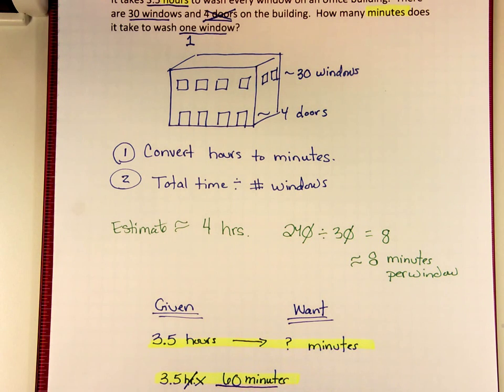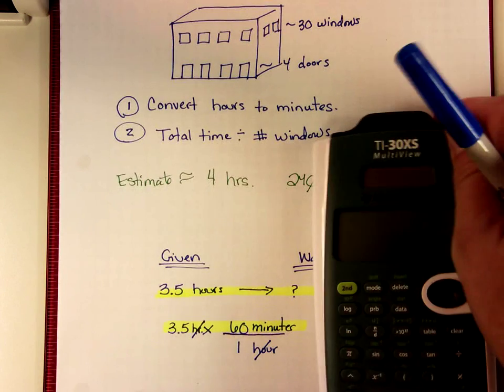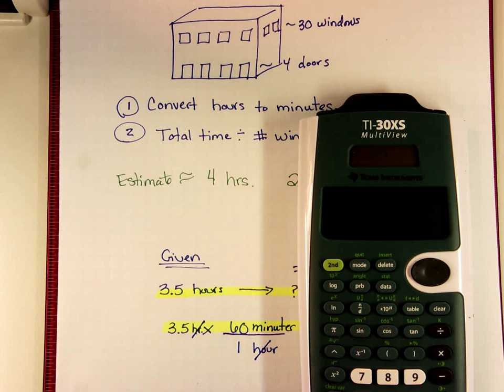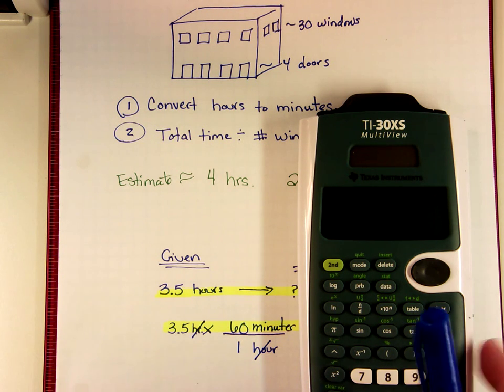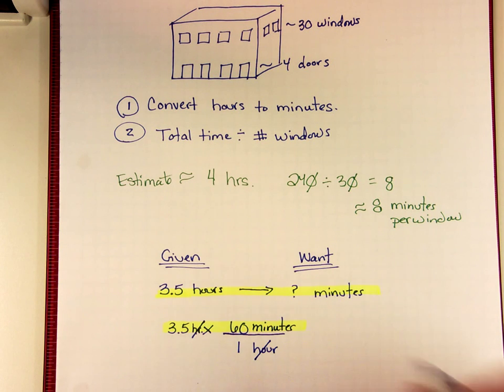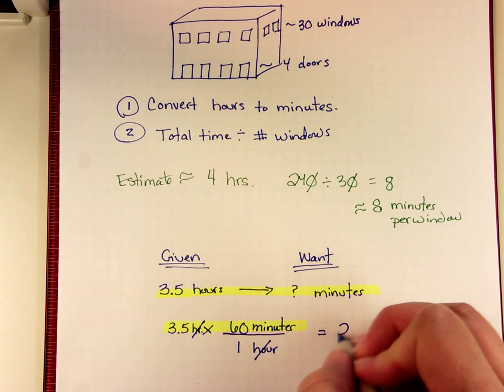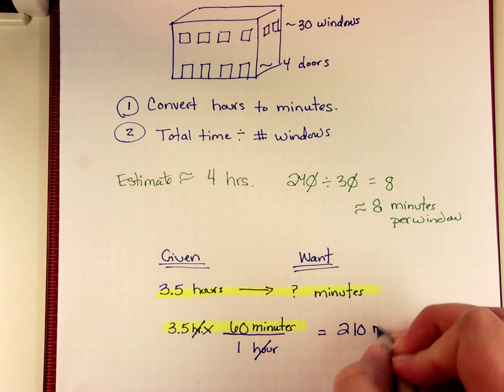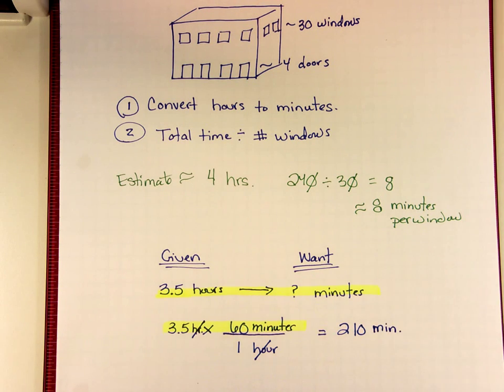Let's use a calculator for that. 3.5 times 60 is 210. It's 210 minutes. That was step number 1, convert hours to minutes.